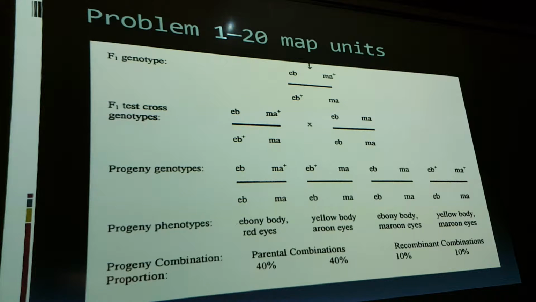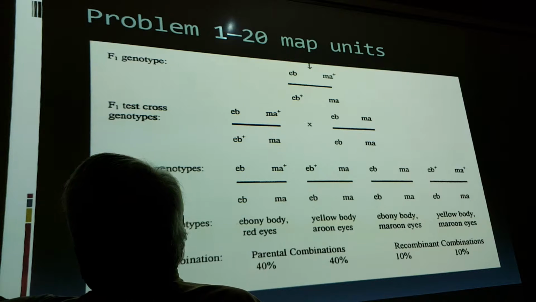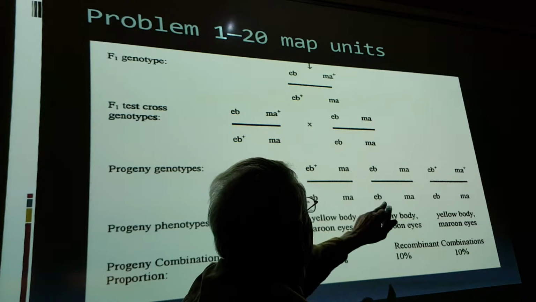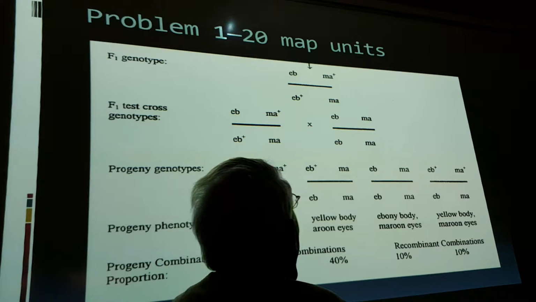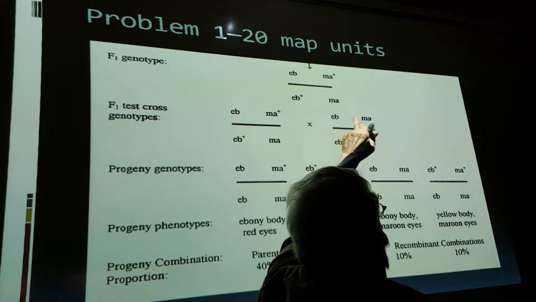We'll keep the left-hand side the same, okay? And we'll flip the right-hand side. Okay, and then we take this and cross it with that one, the homozygous recessive. And so, top of the left, bottom of the right gives us that. And bottom of the left, top of the right gives us that one.